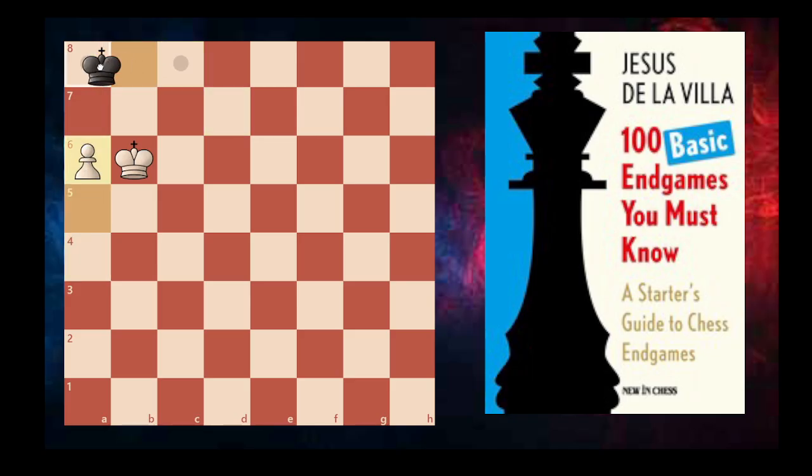He will come in front of the pawn and take the opposition, and not allow our pawn to be promoted. So you might think this is a draw, but it's not a draw because we can get help from our king.